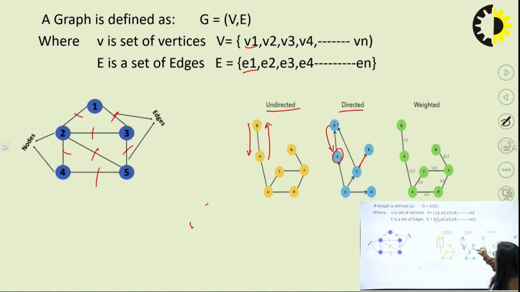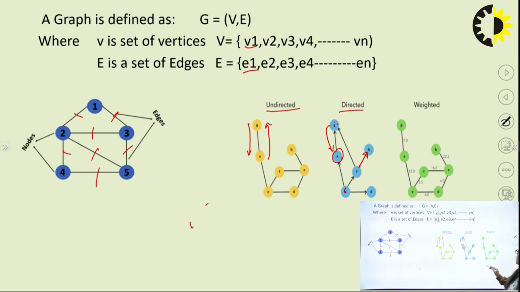Same, F can move to B, but B cannot move to F. Same C and D. So C can easily move to D, but D cannot move again to C. So it is a directed graph.